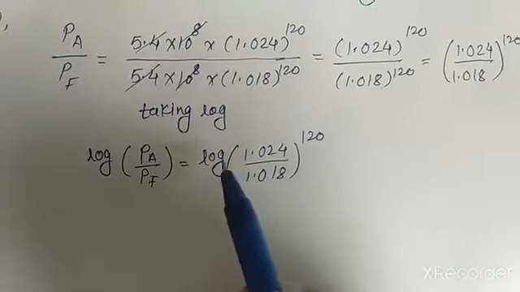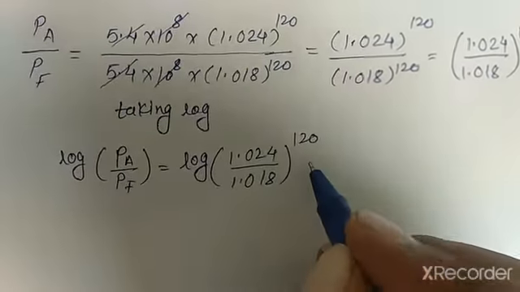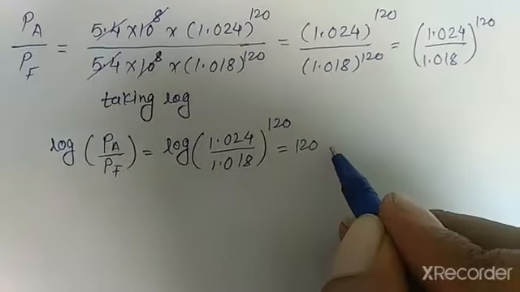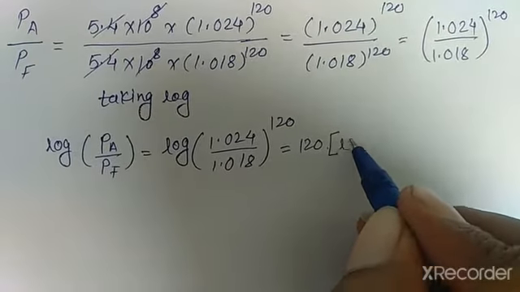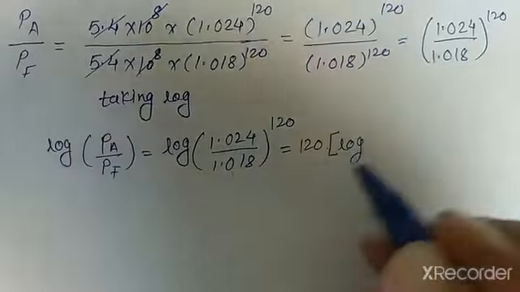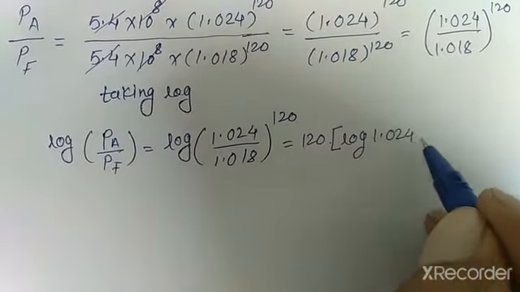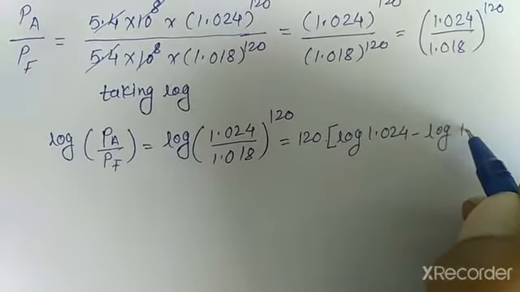So it can be written as 120 into bracket log of 1.024 minus log of 1.018.